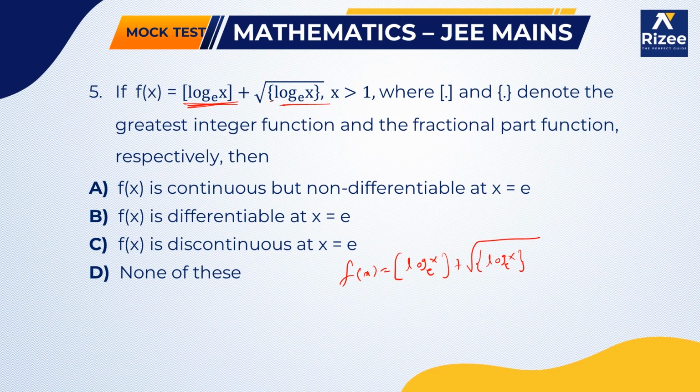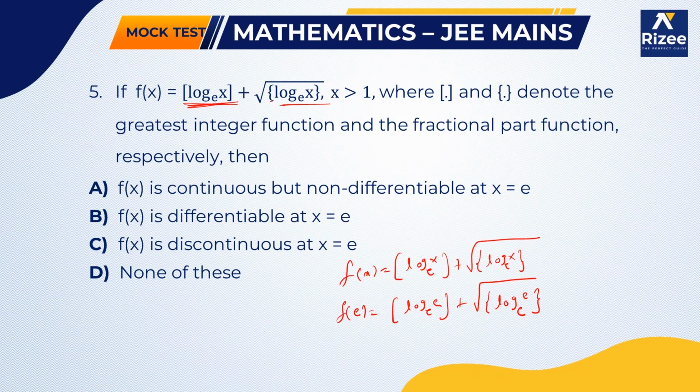From this I am taking f of e. The greatest integer of log e base e plus root of the fractional part of log e base e. What is the value of log e base e from logarithms? It is the value 1.